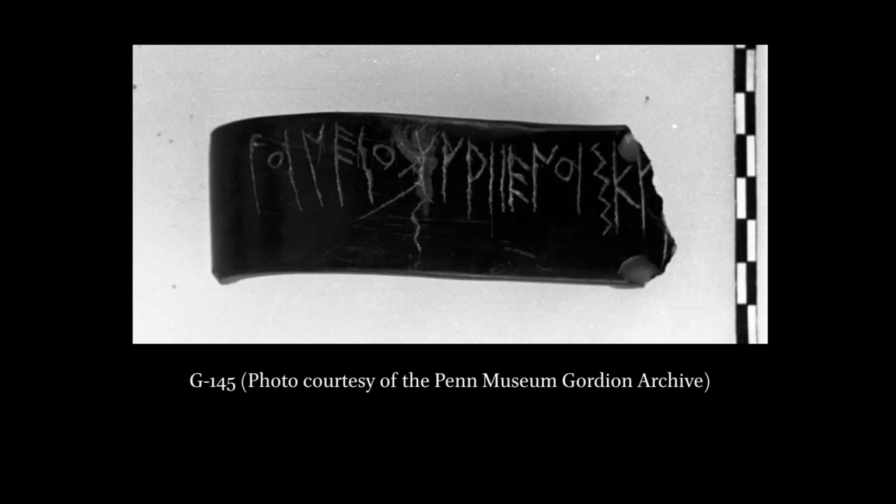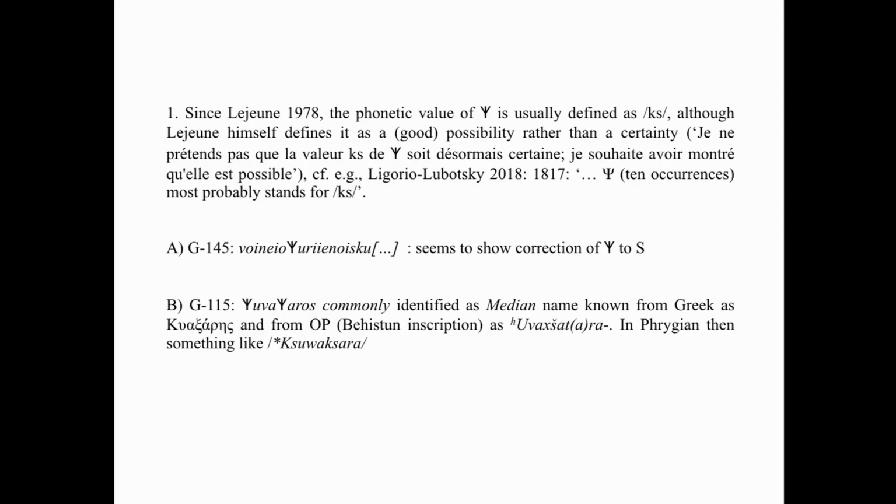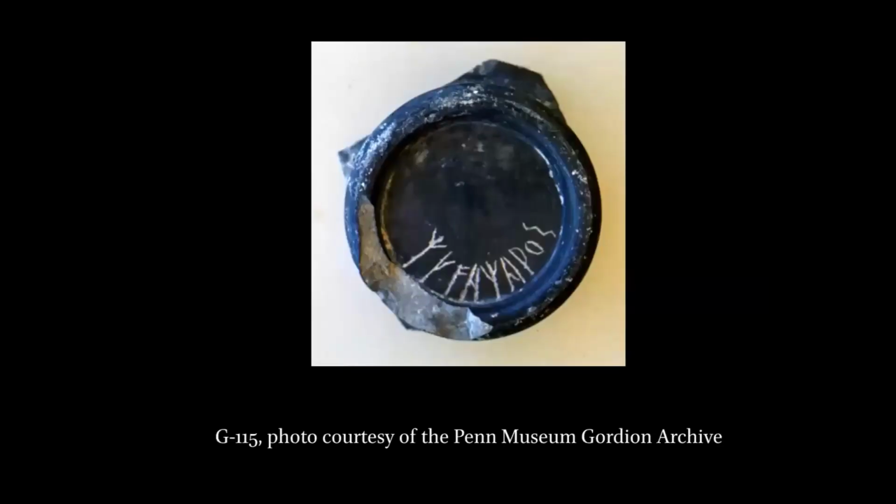And so this interchange or correction suggests that the psi-like sign has something to do with the sibilant. So the second instance is this graffiti, again from Gordion, which uses the same letter twice.